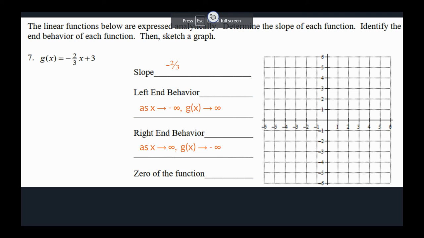Okay, once it's graphed, is it easy to find the zero of the function? Does it cross at like an even number in the corner of a box? No. So to find the zero of the function, you could probably guess it from the graph, but they're not always going to be so easy to guess. So just like we did a few pages ago, we're going to set it equal to 0.